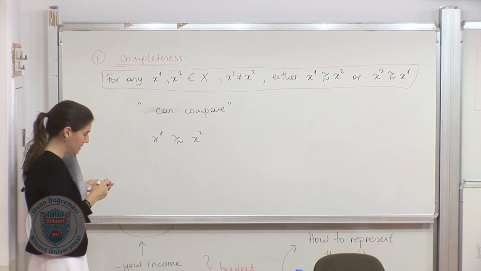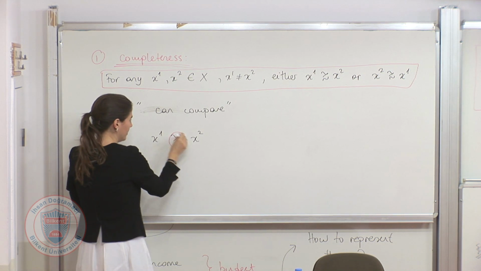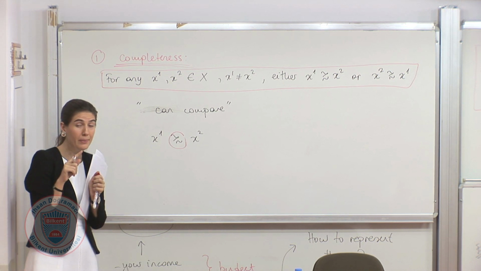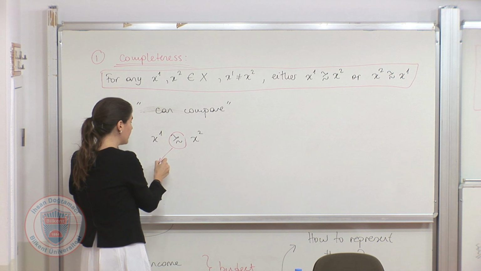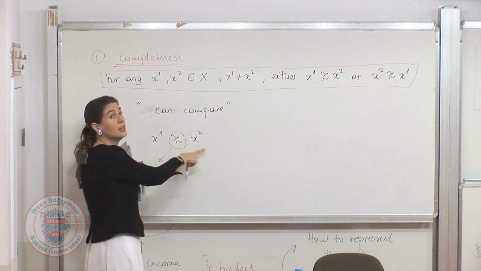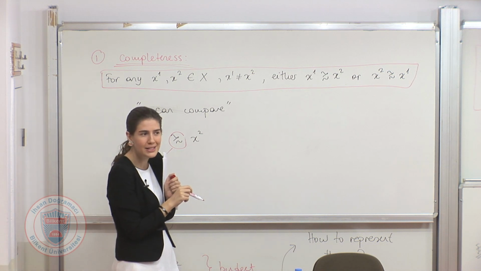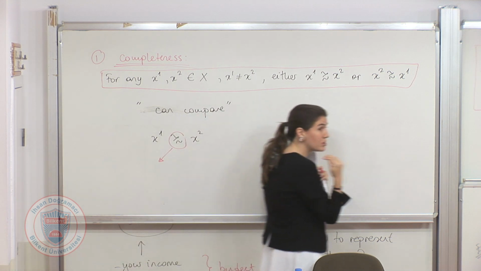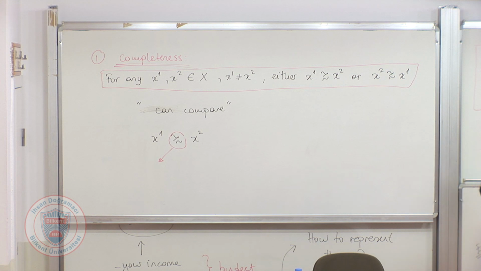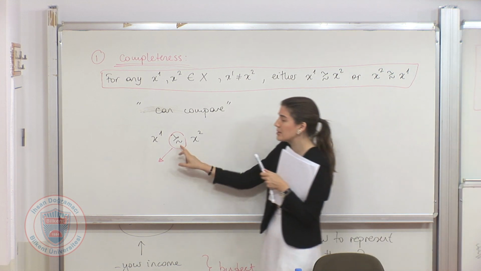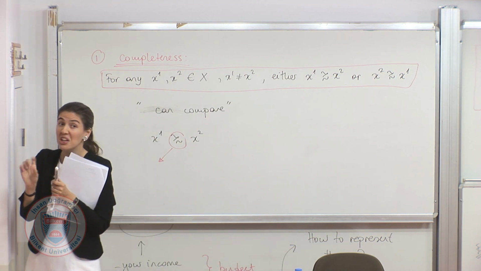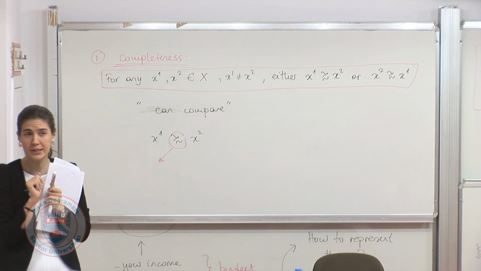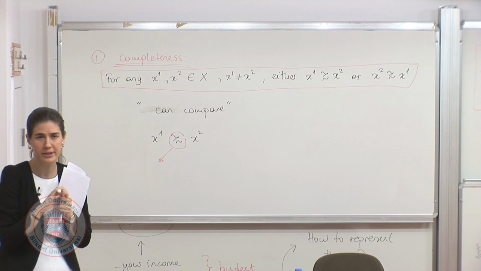As you told me, hocam, this means that either you strictly prefer x1 to x2, or this also allows for another possibility. Remember the fact that you like them equally, which is what we call indifference, okay?